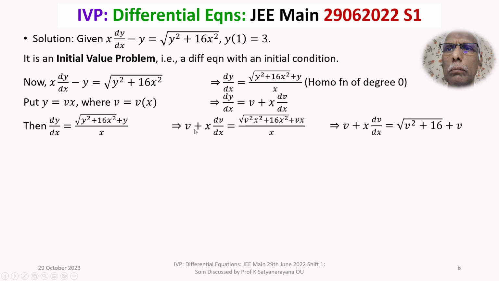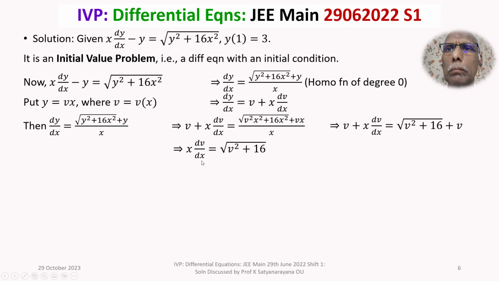The left hand side is v plus x dv by dx is equal to under the square root of v square plus 16 plus v after the cancellation. Now v appears on both sides, cancelling we get x dv by dx is equal to under the square root of v square plus 16.